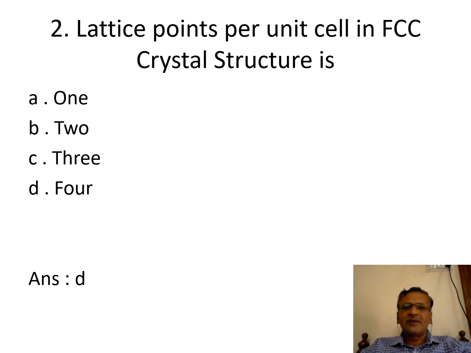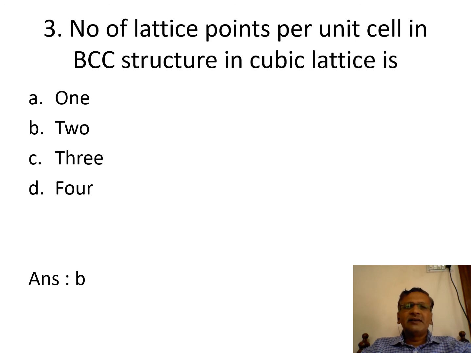Therefore, the number of atoms per unit cell is 4. So the correct answer is D. Number of lattice points per unit cell in the case of BCC structure is A 1, B 2, C 3, D 4. Therefore, the correct answer is 2 in the case of BCC structure.